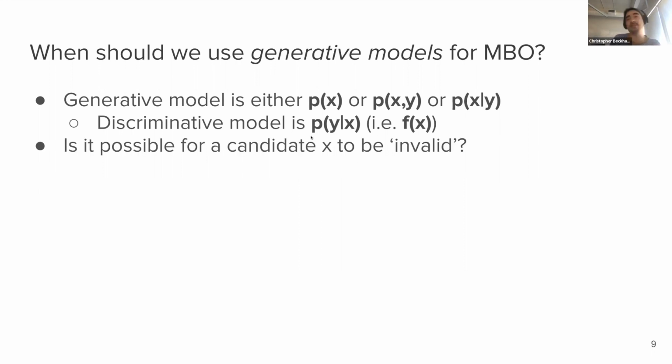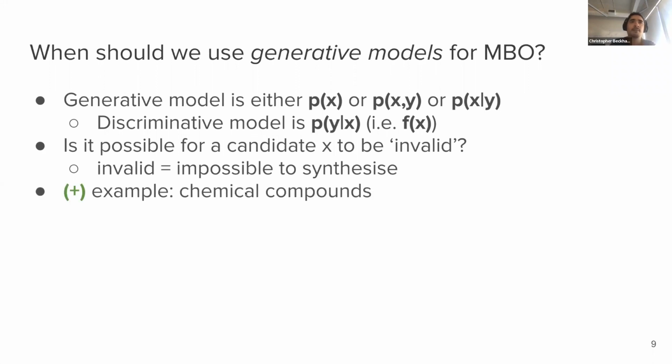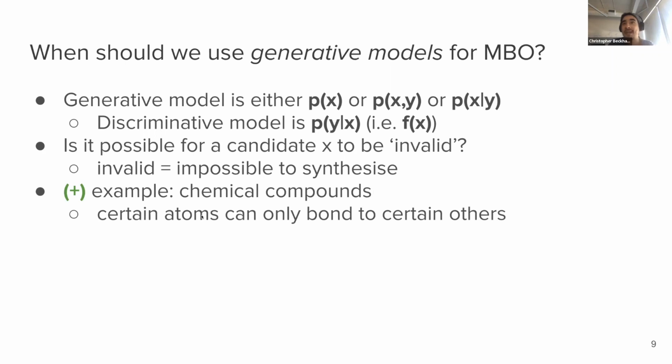Now, what you have to ask yourself is, for the MBO problem that you're considering, is it possible for a candidate X to be invalid? And by invalid, like I said earlier, let's just assume we mean it's not possible to synthesize. A positive example of this is chemical compounds, as I said earlier, right? Certain atoms can only bond to certain other atoms in certain configurations.